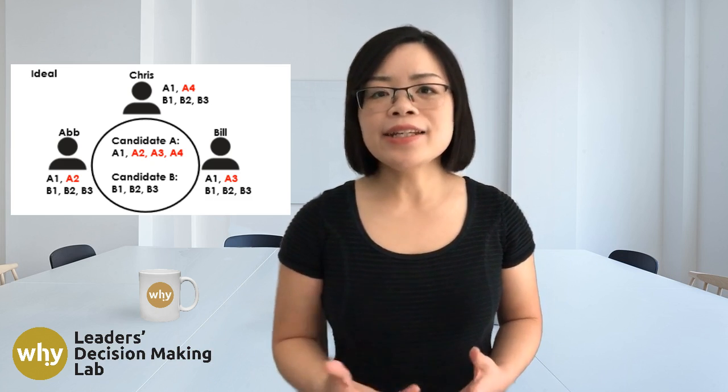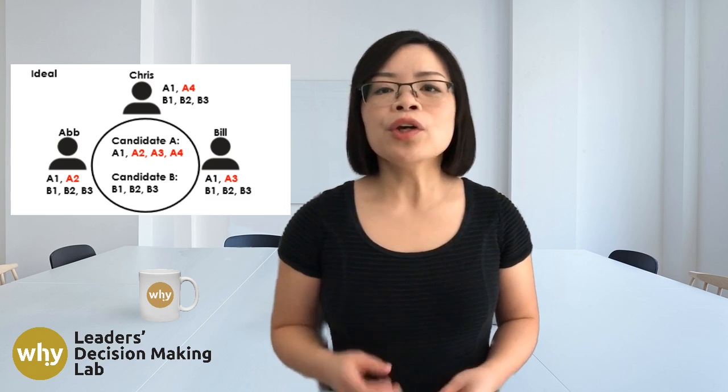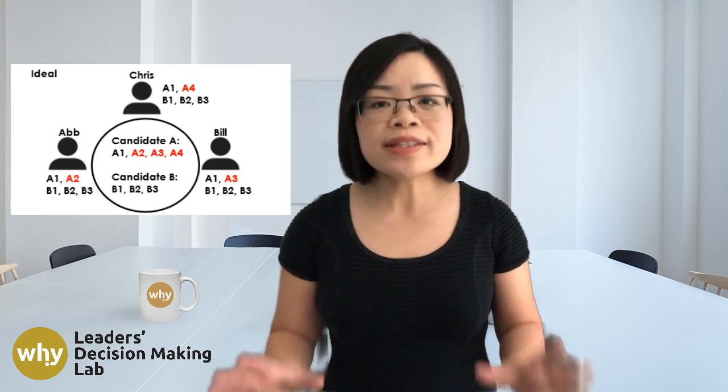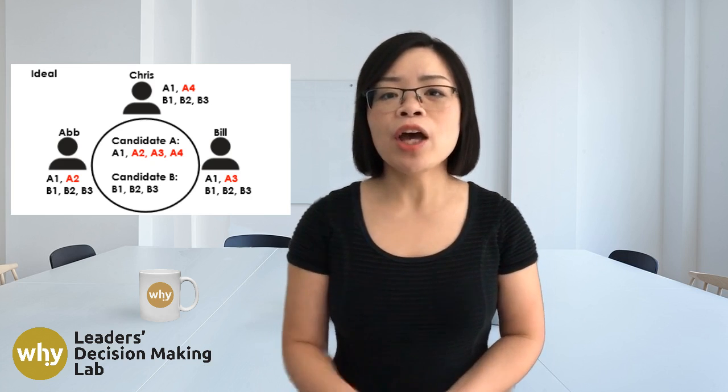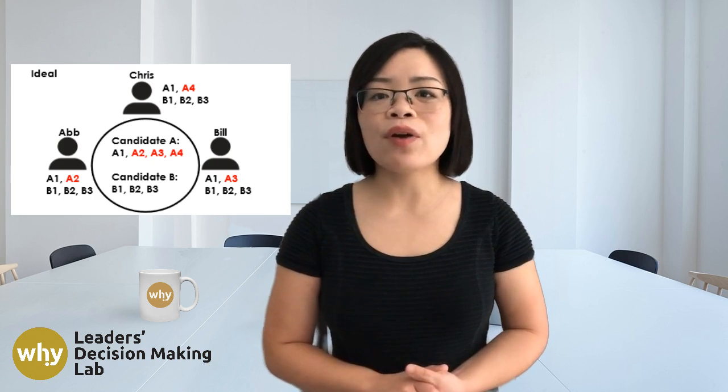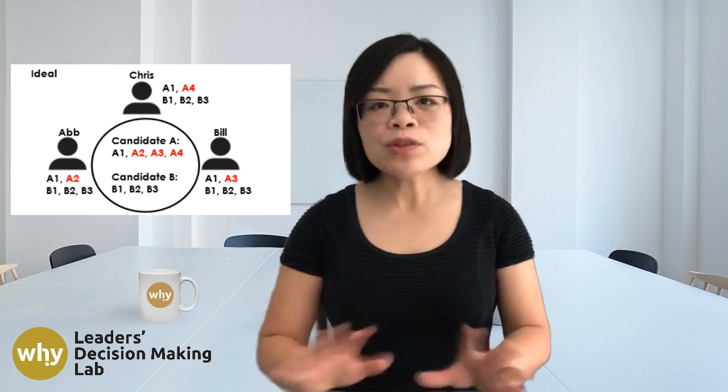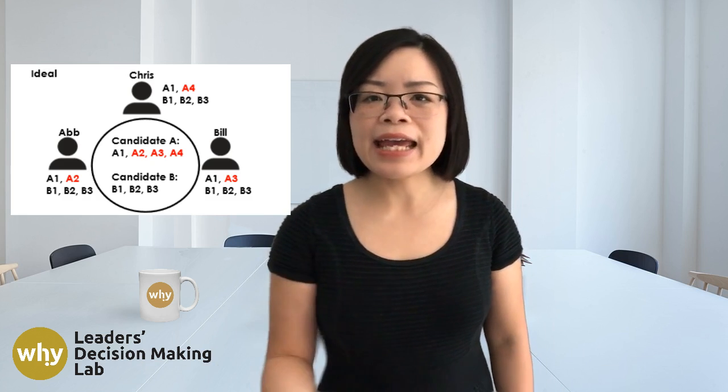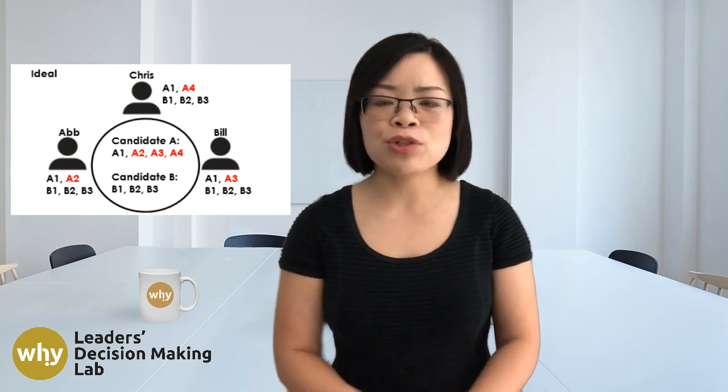In an ideal decision-making scenario, the group would share all 7 pieces of information, 4 in favor of candidate A and 3 in favor of candidate B. If this were to happen, candidate A would clearly be the best choice.